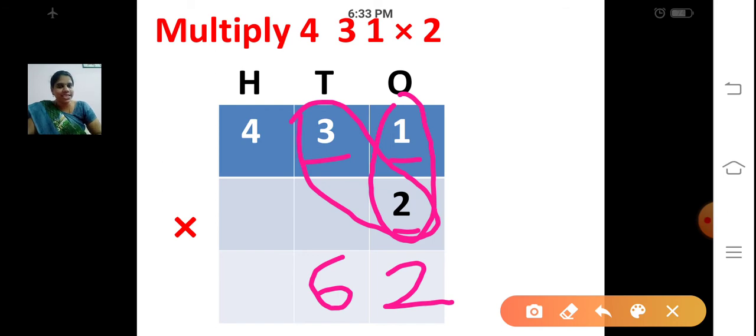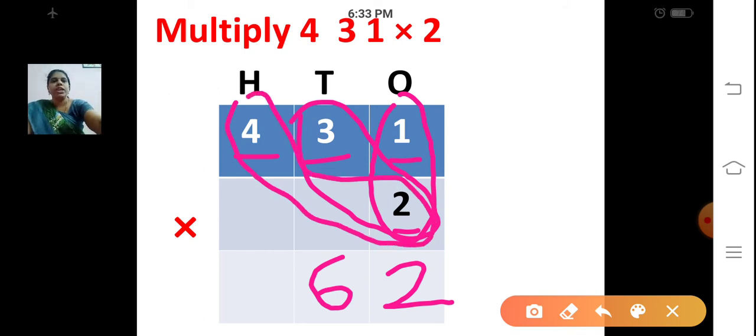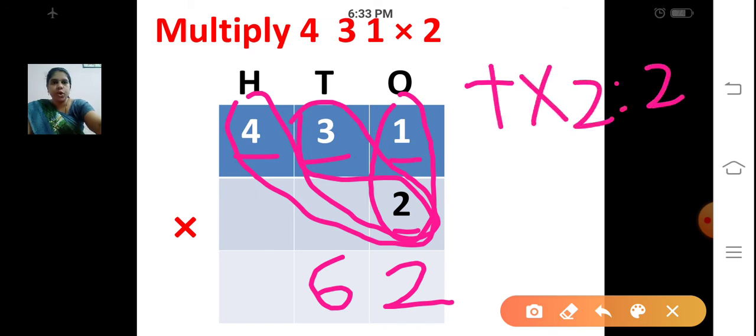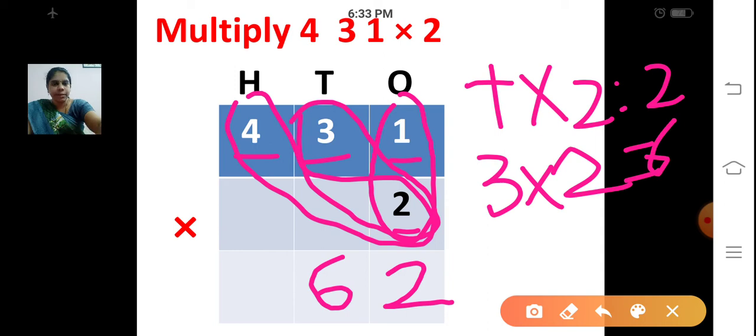Now what is the third step? Multiply the digit at the hundreds place by the same number 2. So the third step is 4 into 2. First step: 1 into 2. 1 two is 2. Write it below. Second step: 3 into 2. 3 twos are 6. Write it below the tens place.